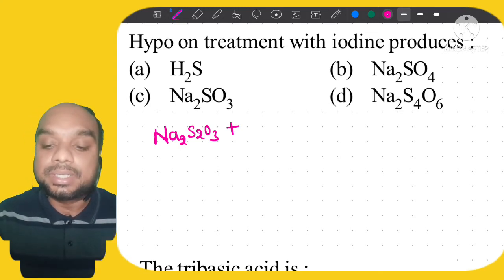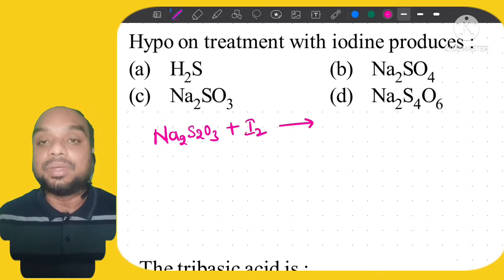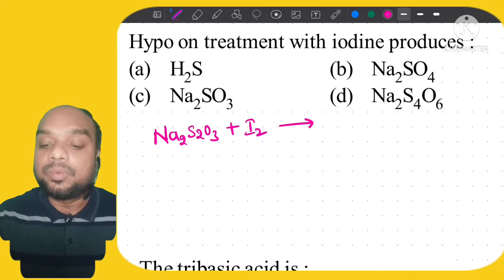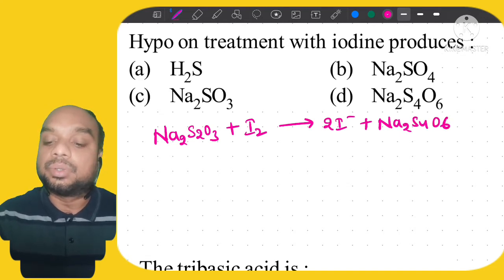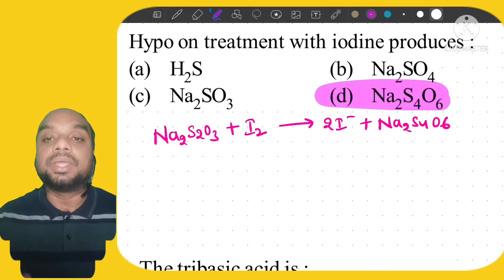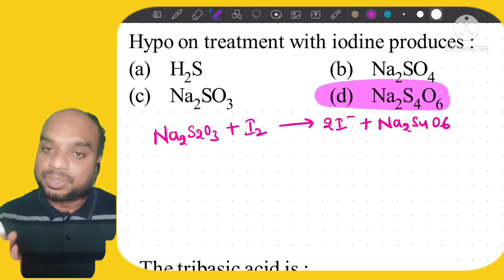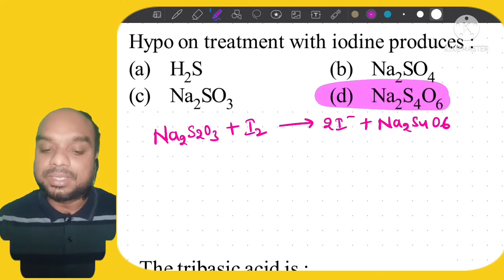In this reaction, sodium thiosulfate Na2S2O3 reacts with I2, and we get iodide ion plus sodium tetrathionate, Na2S4O6. Okay students, understand? So this is the reaction here.